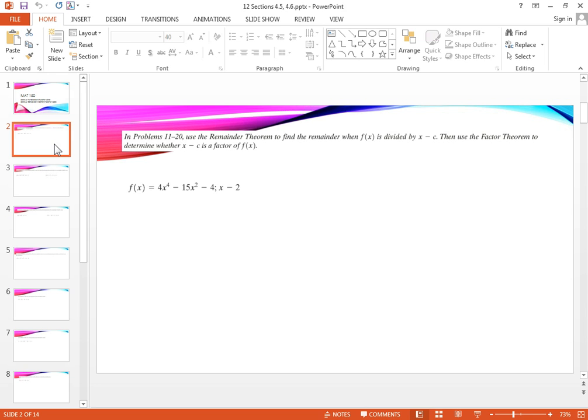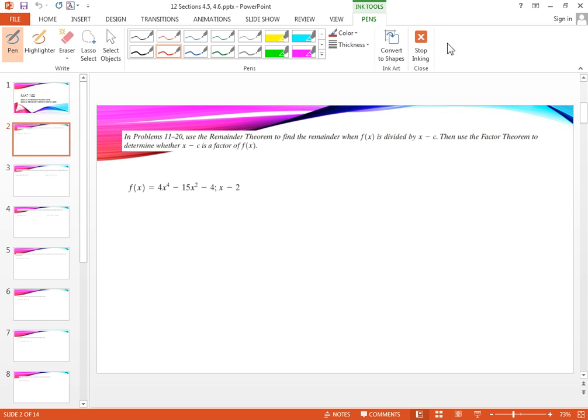So here, this is f of x, and then you're going to divide it by x minus 2. So that's the x minus c. Now we could literally take x minus 2, divide it into 4x to the 4th minus 15x squared minus 4. But if it specifically says to do it by the remainder theorem, then what they're saying is they want you to plug c into the function.